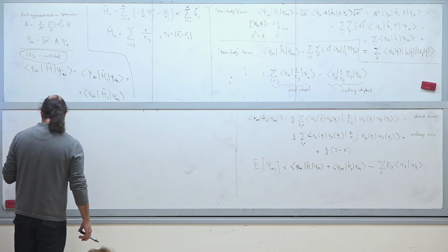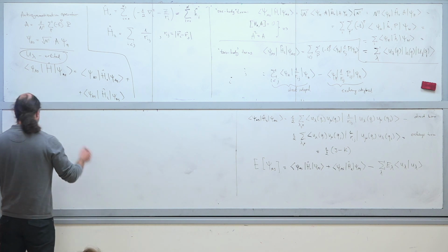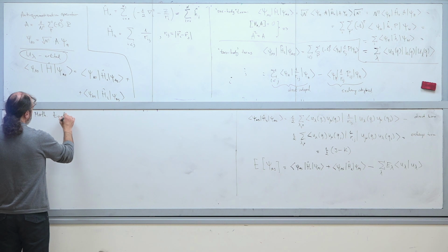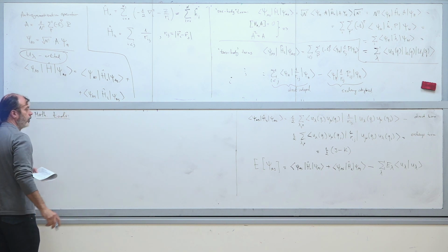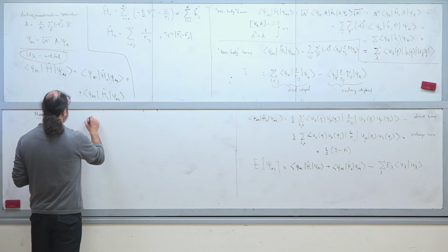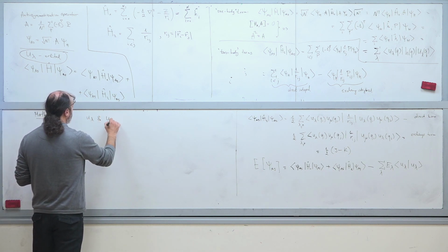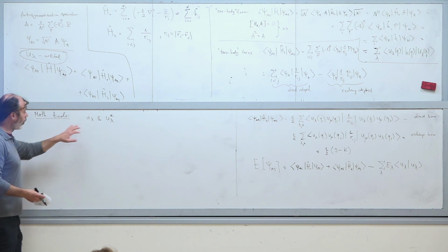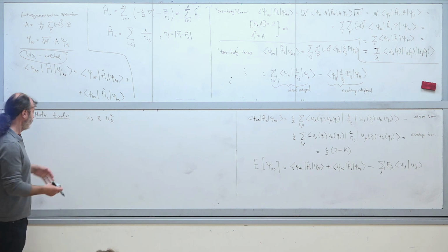So again, these are the math tools that say how to perform this operation. We consider this orbital u lambda and orbital u lambda star. These two orbitals are complex conjugate.